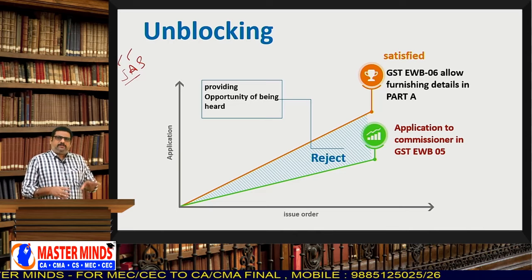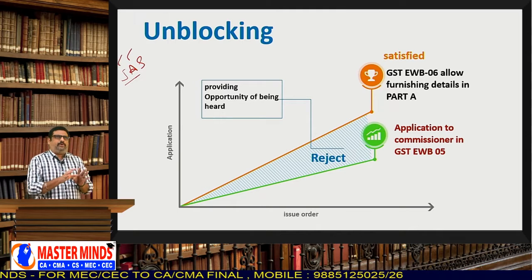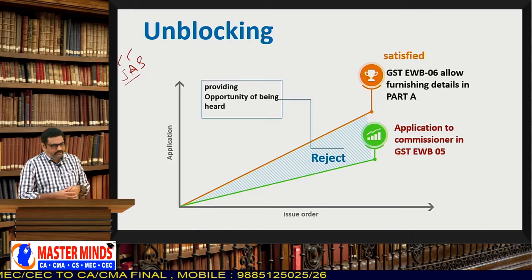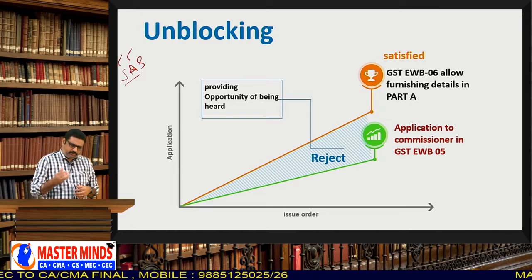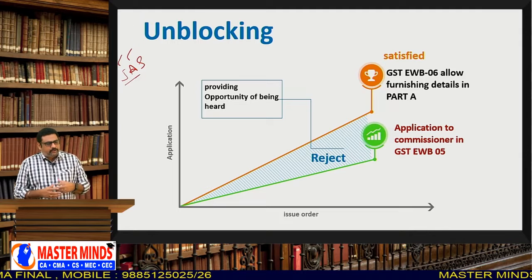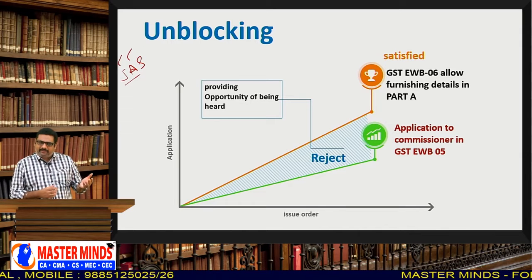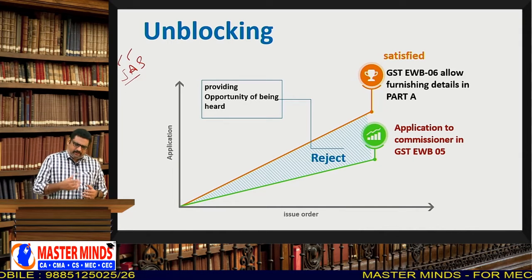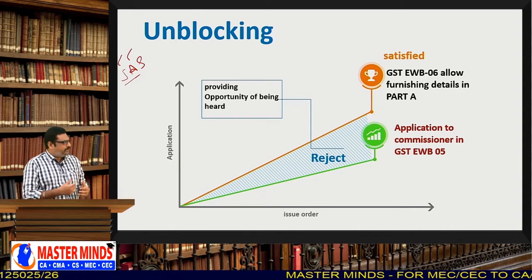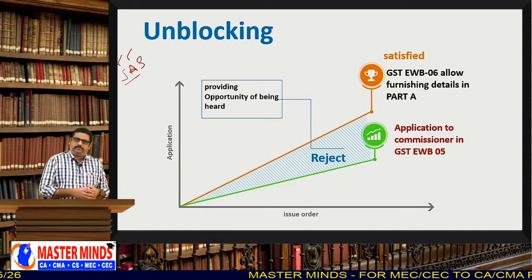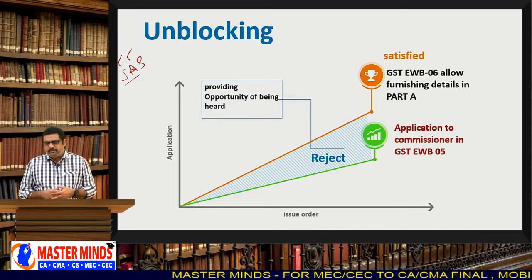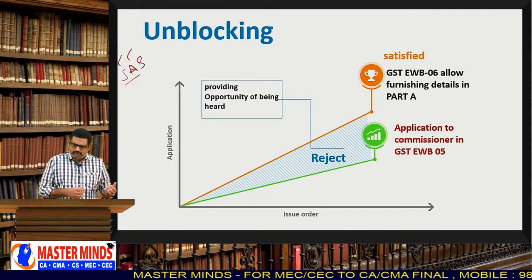Generally, if there is no need for the commissioner's approval, if the default period is reduced to less than 2 tax periods, then the restriction on EWAY bill facility will be removed on the immediately next day. And if we are unable to file those returns due to reasons beyond our capacity, then we may seek approval from the commissioner in form GST EWB 05.